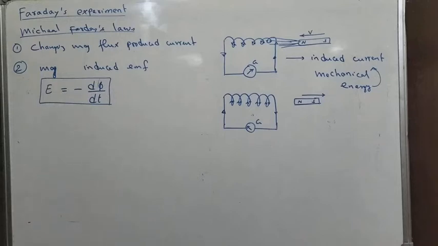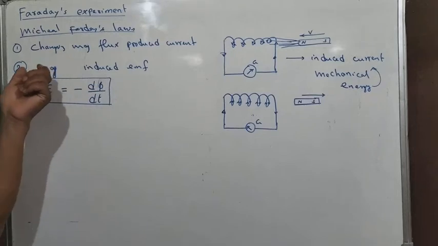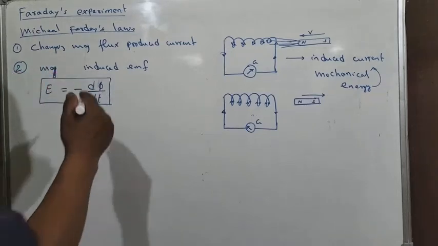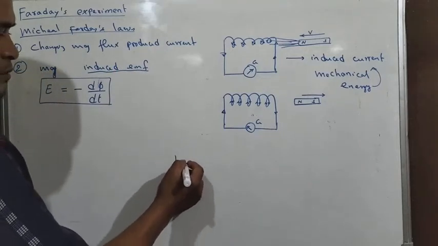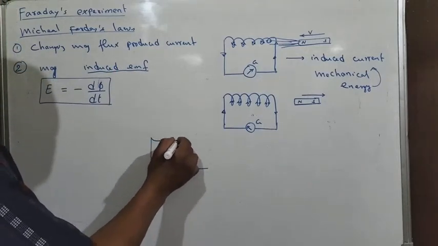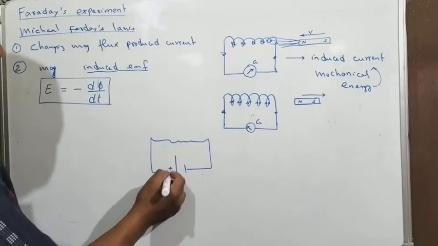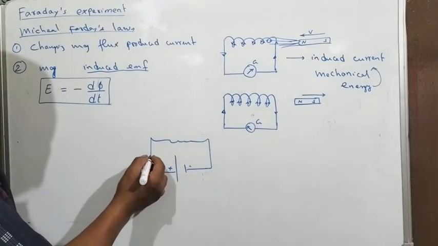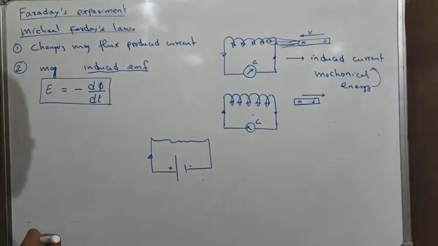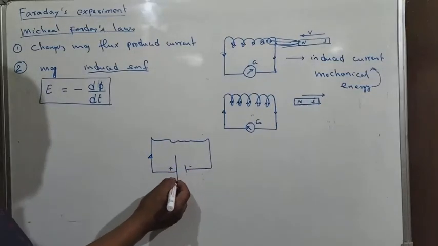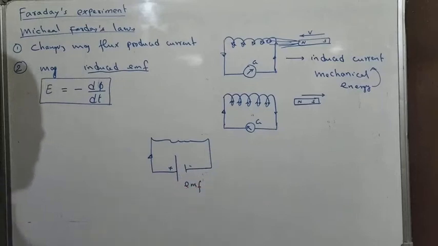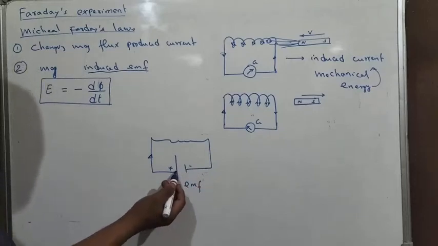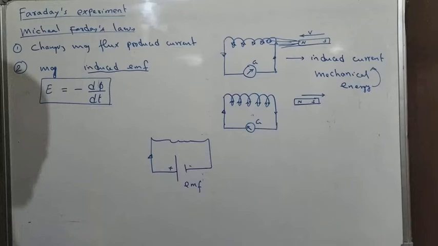Alright, so now you may ask me a question, what is this induced EMF? Again let me remind you, when you have a cell, then this cell produces a current, and the potential difference between the two terminals of the cell is known as EMF. So we get a current because of this EMF.